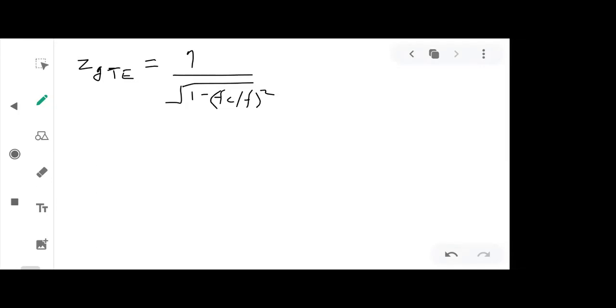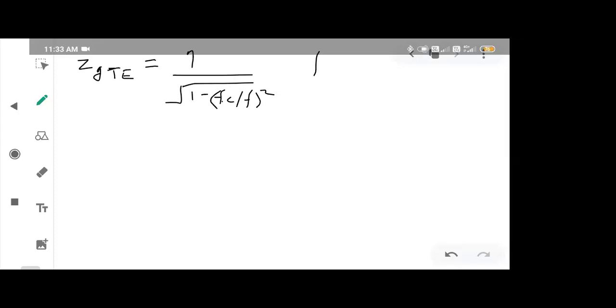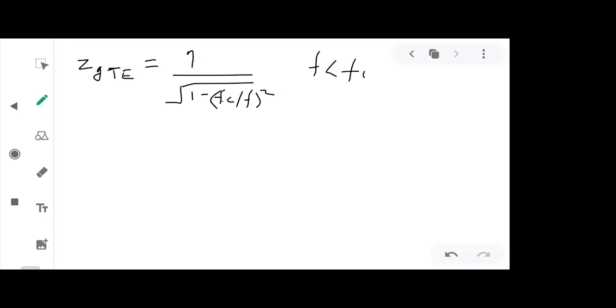So here you can see that the characteristic impedance of the waveguide will be larger than the intrinsic impedance of any medium. So eta is going to be 377 ohm if the waveguide is air filled, divided by root of this part. So you can once again consider that if the operating frequency F is smaller than Fc, the impedance will become imaginary.